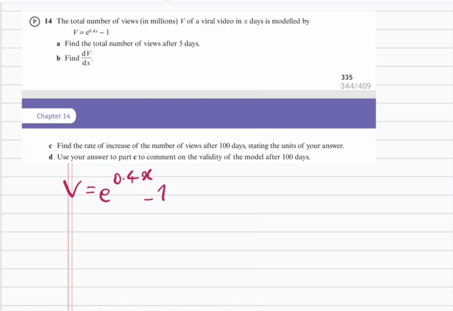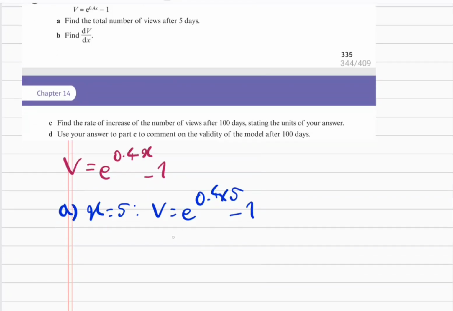Right, so in part A, all we need to do is basically substituting 5 into X, because X is the number of days. So in this case, X is equal to 5, and that means we have V is equal to e to the power of 0.4 times 5 minus 1.